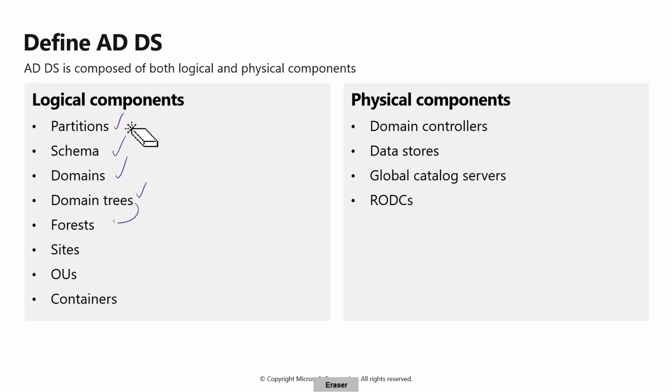What is that forest? And if I were to just go through the books, it would be hard to understand. But remember, there is this one-to-one relationship between a forest and a schema. A forest is made up of a grouping of one or more domain trees, and a domain tree is made up of one or more domains that share a common namespace.